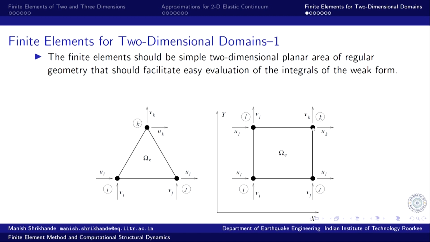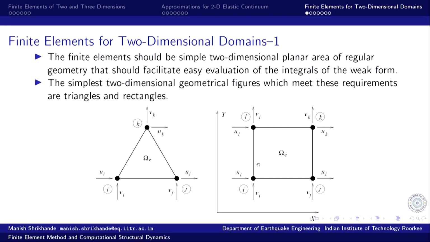If I consider this diagonal as one line, then this entire domain, which is omega e, can also be covered by using 2 triangular domains, while the number of nodes remains the same. So, there are various possibilities. The simplest 2 dimensional geometrical figures which meet the C0 continuity requirements that have been set forth are the 3 noded triangle and the 4 noded rectangle.